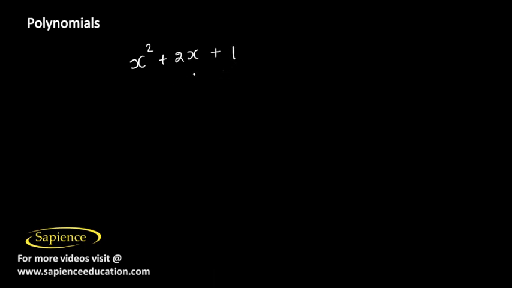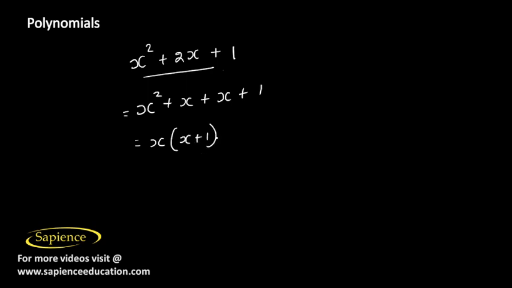So we can consider this polynomial. We can write this polynomial as x square plus x plus x plus 1. Just this 2x is split into x and x. Now we can take x common from the first two terms. We will get x into x plus 1, plus we are having 1 into x plus 1.